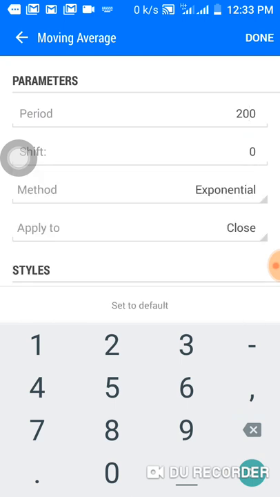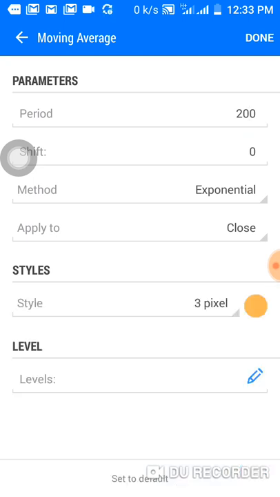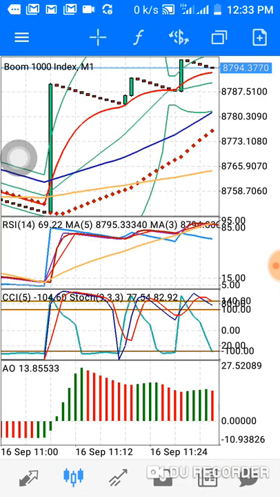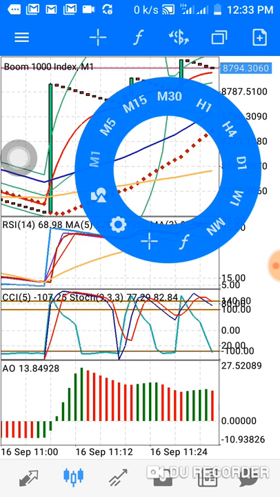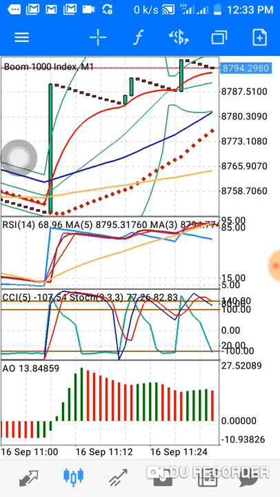That is 200 exponential. It is very, very important. So you click on done once you are through. EMA 200, you can see that is the yellow color on the main chart. It is also very, very important in making a good decision.